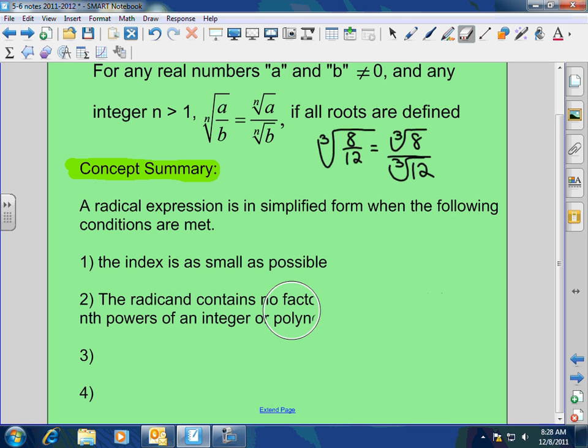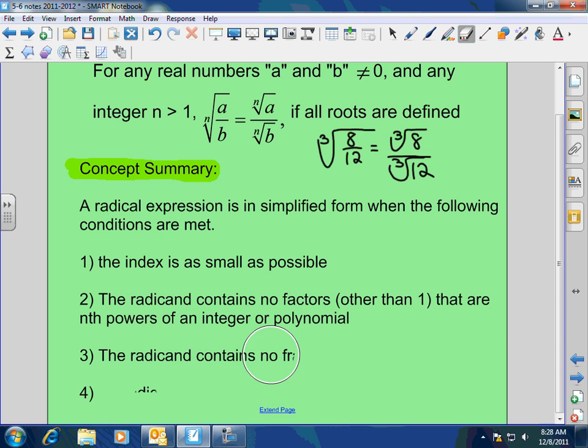Number 2, the radicand contains no factors other than 1 that are nth powers of an integer or a polynomial. Number 3, the radicand contains no fractions. And last but not least, no radicals appear in the denominator.